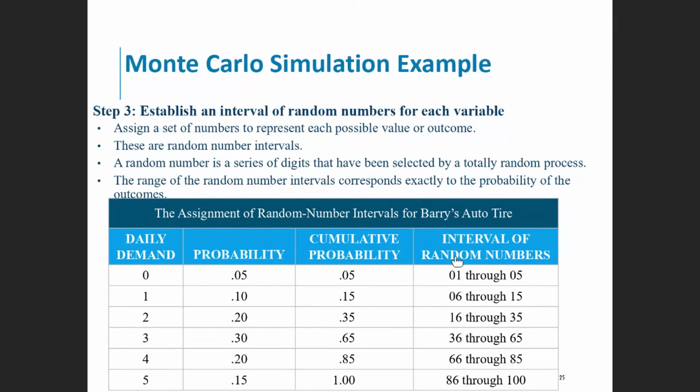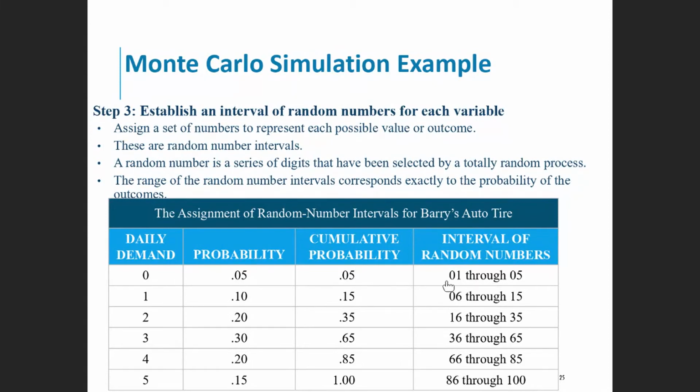We do the interval from 00 to 99, which means 100 numbers, but starting from 00 or 01, you can call it, it's okay, because you will count. For example, here the probability is 0.05, so you will count 5 numbers.